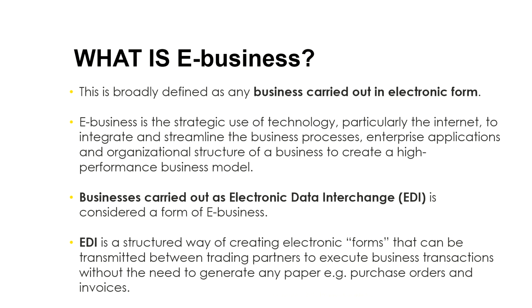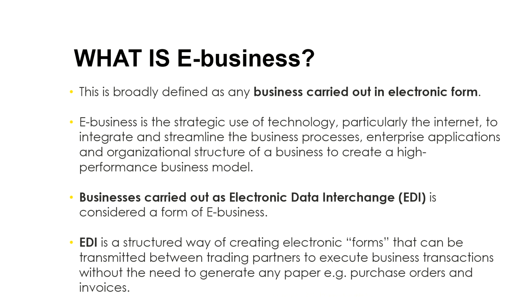Now, what is e-business? This is broadly defined as a business carried out in electronic form. So e-business is the strategic use of technology and the internet to integrate and streamline the business process, enterprise applications, and organizational structure of a business to create a high-performance business model.